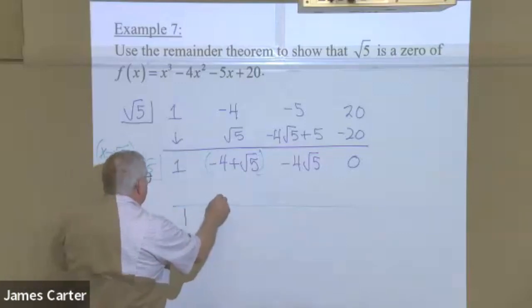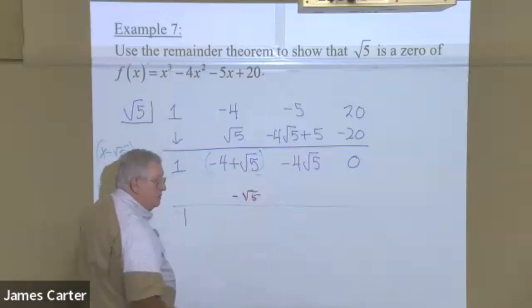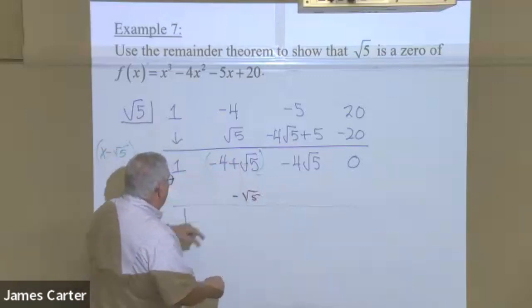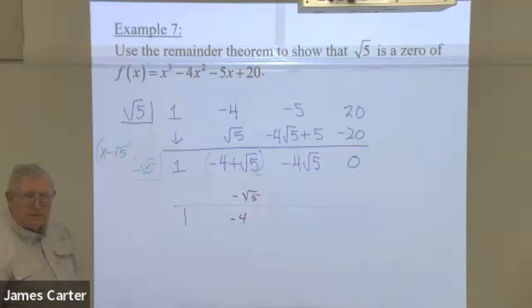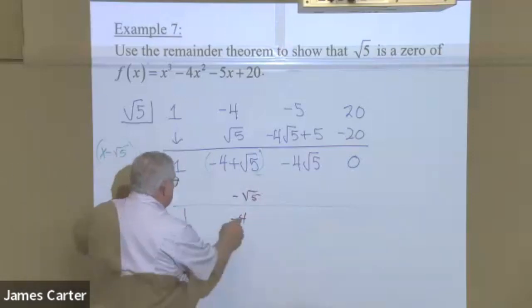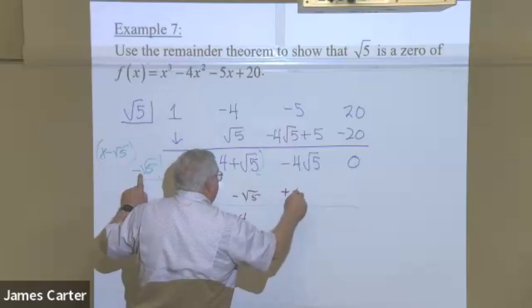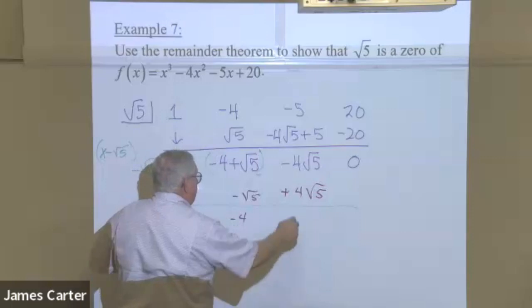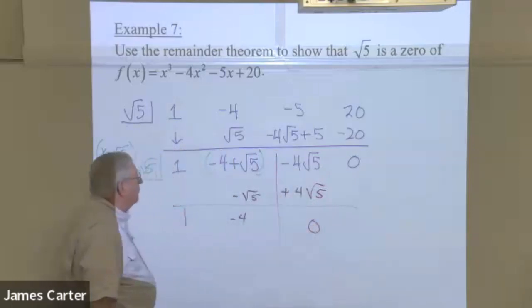This times that is negative radical 5, right? These two combined gives me -4. This times that gives me positive 4 radical 5. Bring them down, and I get a 0 remainder this time.